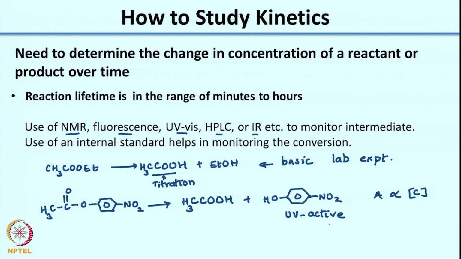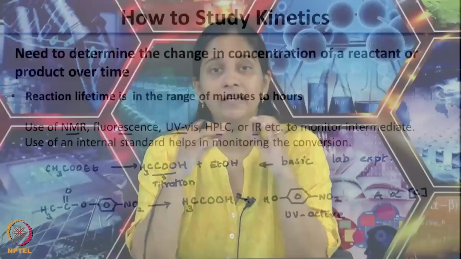Other methods, as I said, is you can use NMR spectroscopy. Now in NMR spectroscopy, one has to ensure that sometimes NMR spectra of a reaction mixture can be quite complicated. So if you have a reaction where you can easily follow the reactant or the product over time with NMR, then NMR spectroscopy is also often used to determine the kinetics of the reaction.